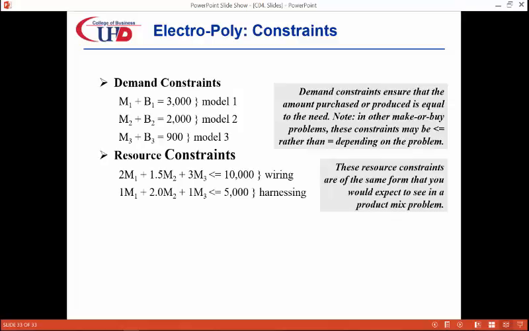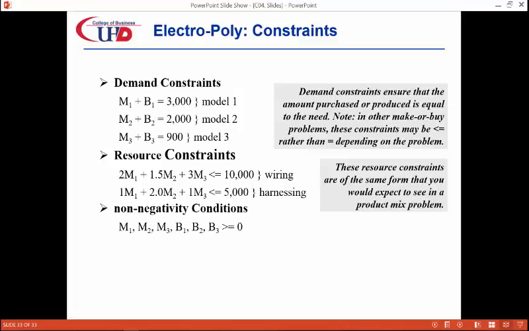Two, resource constraints. This is for making the products, so only making quantity decision variables are used here. The last one is the non-negative condition.